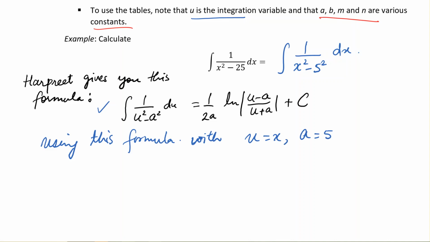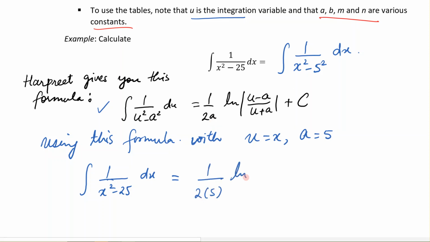Using this formula for u equal to x and a equal to 5, we get the integral of 1 over x squared minus 25 dx equals 1 over 2a, which means 1 over 2 times 5, ln of u minus a over u plus a, so put x and 5 there, plus c.